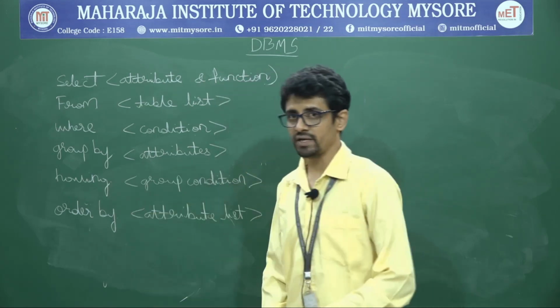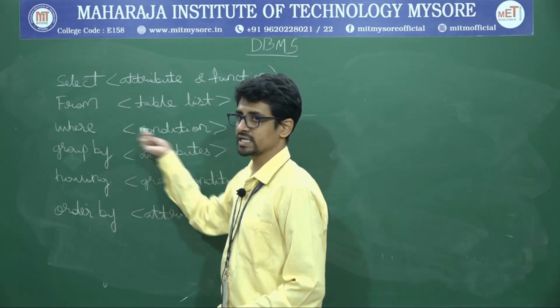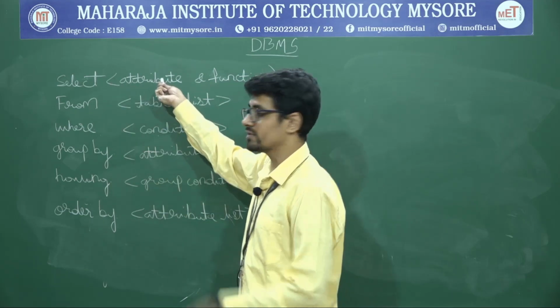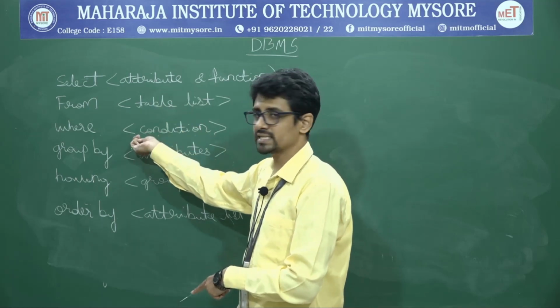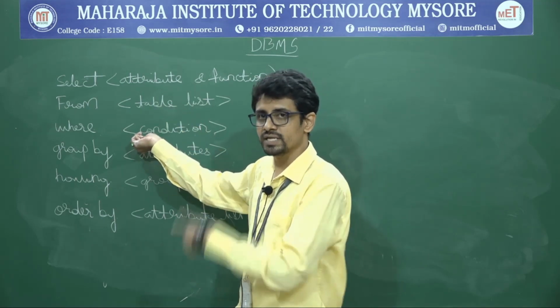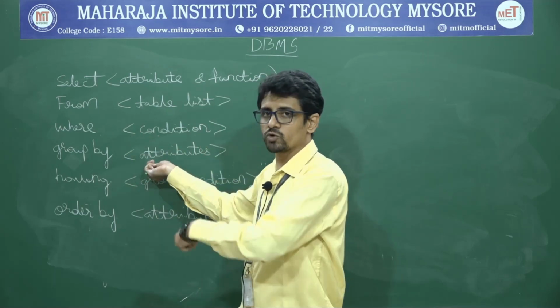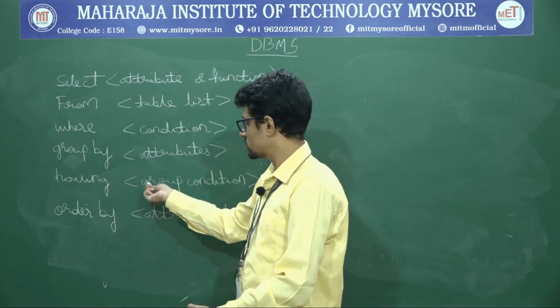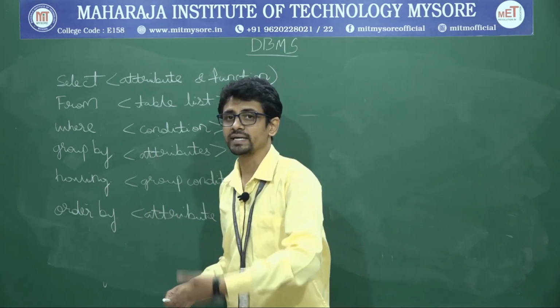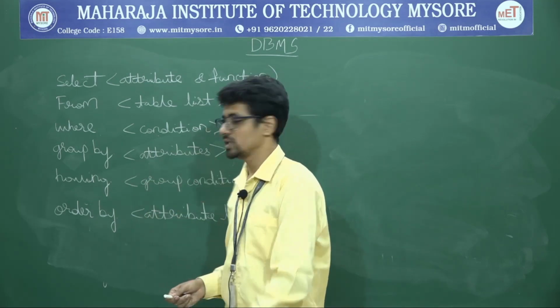Then we have having. As you have where as a condition for selecting values for the select attributes, the same way, to decide which groups to use and which not to use, we use having. So having is a condition to eliminate the groups we have created internally with common values, okay?